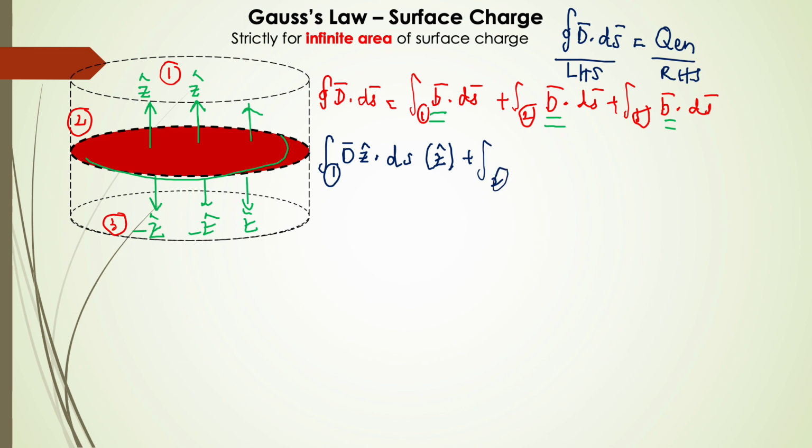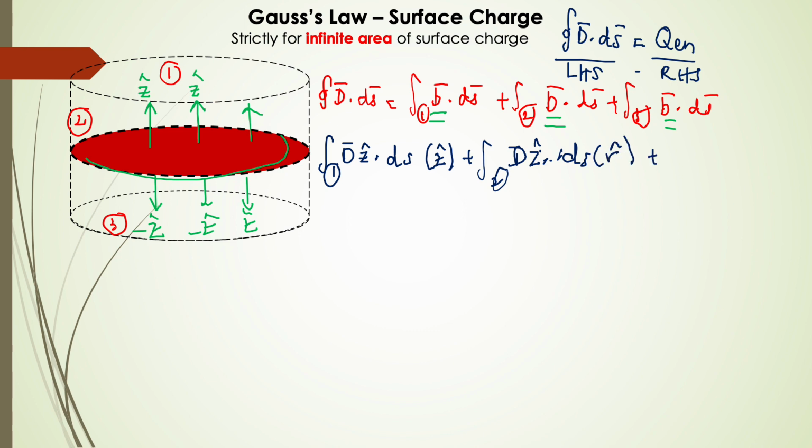For surface number 2, your D will remain in z direction, and your dS should be the same as previously discussed. Your dS should be in r direction.